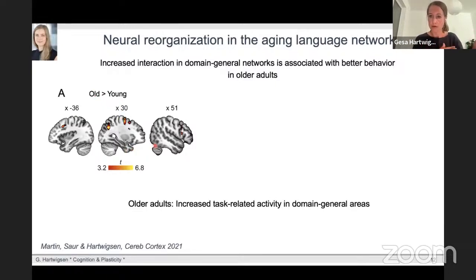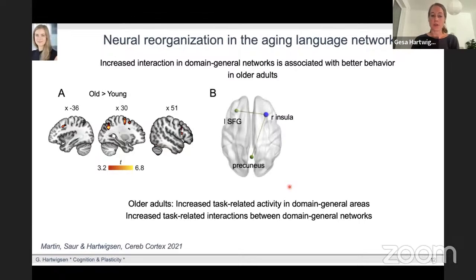This was an overt-paced fluency design during fMRI, and we just measured task-related changes. We see that older adults show increased task-related activity in domain general areas, also here the right IFG, and some of these midline structures and SPL.